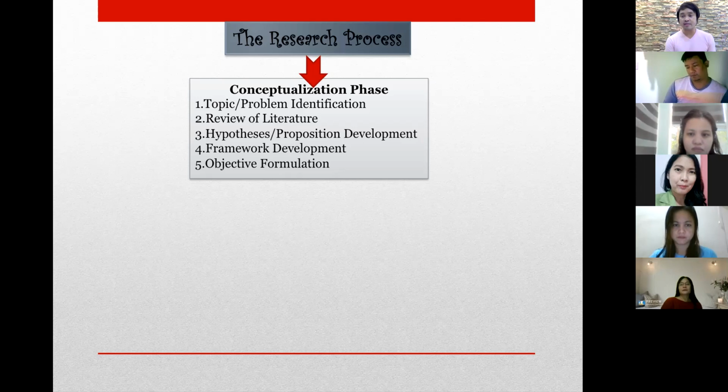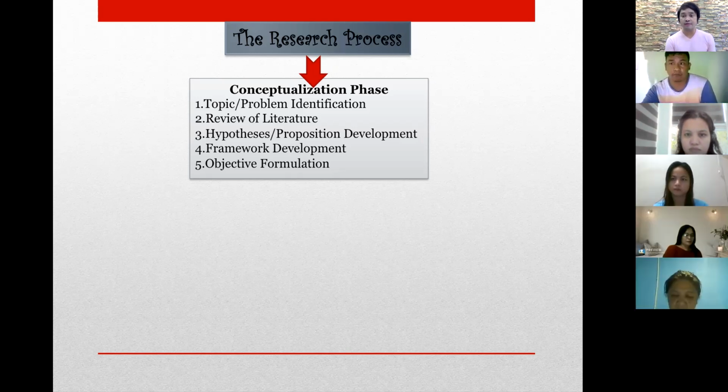So when we conceptualize our research paper, it is important that we are able to identify a topic in mind. And that is followed by review of literature. After reviewing the literature, we develop hypothesis or proposition, including framework.